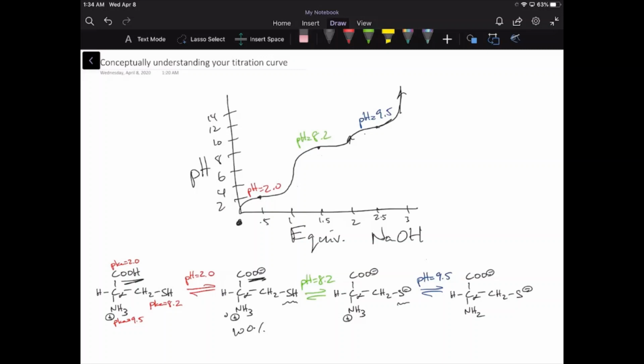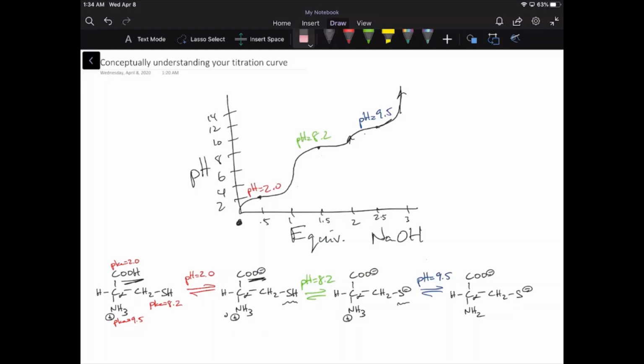So I know how previously we said that a perfect buffer is a 1-to-1 ratio. A good buffer, we can have a 10-to-1 or a 1-to-10 ratio, right? We said that as long as it's 1-to-10 or 10-to-1, then by the Henderson-Hasselbalch equation, that's plus or minus 1 of our pKa, we have a good buffer.